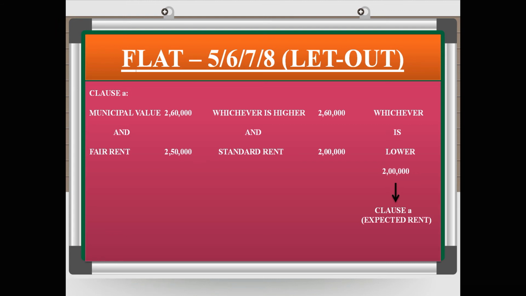Now let us find out clause C. Formula of clause C. All of you know this formula, and since it is question number 11, you must have remembered all the formulas, not only the formula of clause C. Now, what is the actual rent?